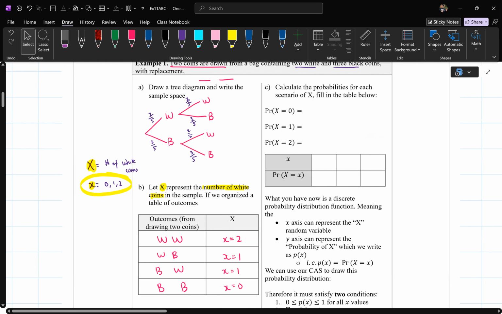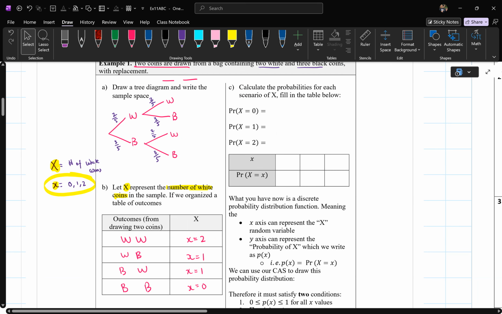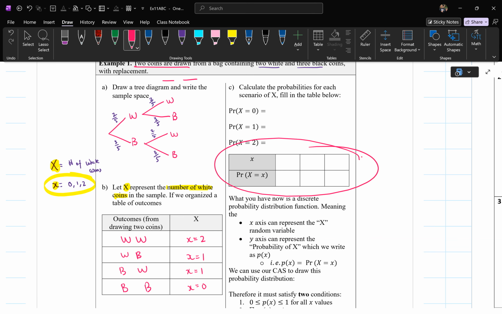So when we put it into a distribution table, this is what you're going to be doing. You'll just be looking at that. We usually give you the distribution table, and you have to understand what that represents. Yeah, so little x, sorry, that should be capital X there. That should be 0, 1, or 2.